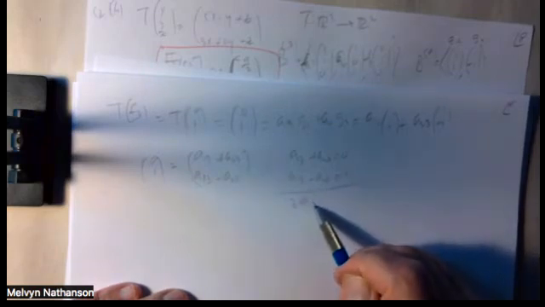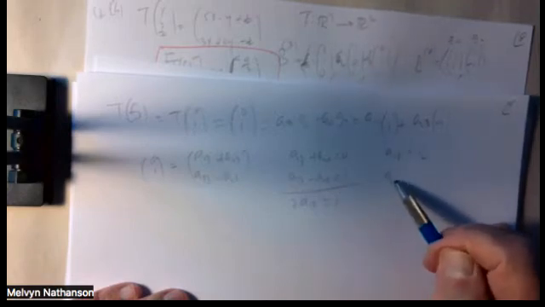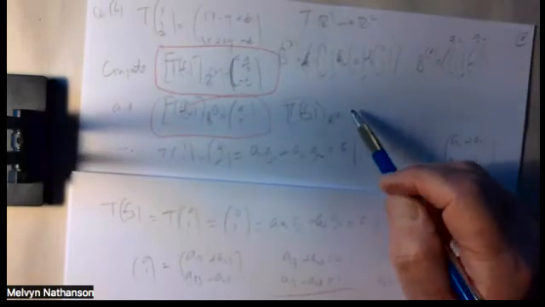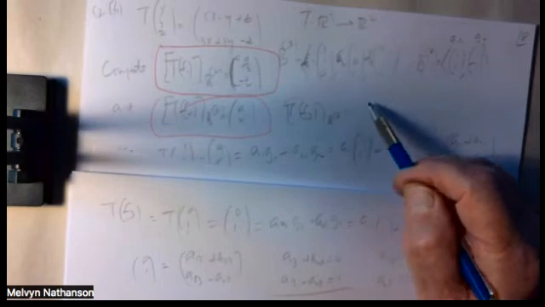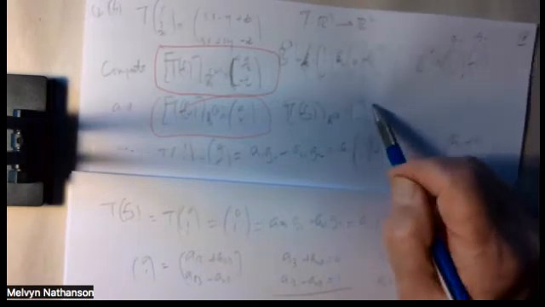If I add, I get 2A13 equals 1. So A13 is a half, and A23 has to be minus a half. So the vector of coordinates of T of F3 with respect to B2 is a half, minus a half.